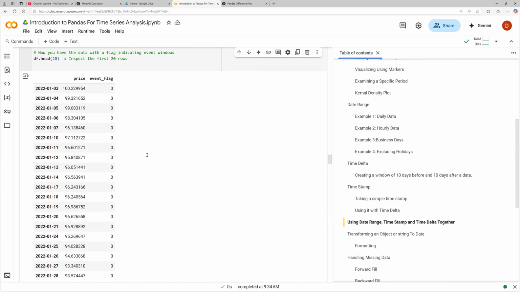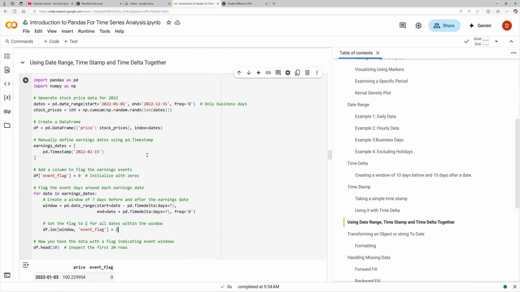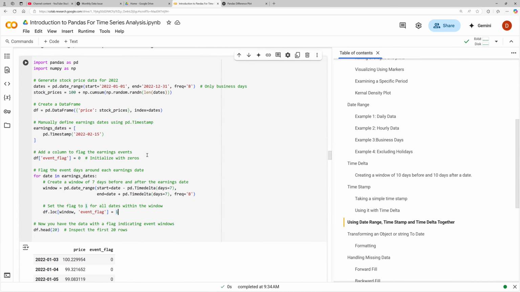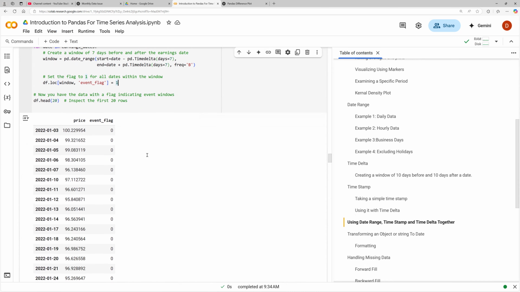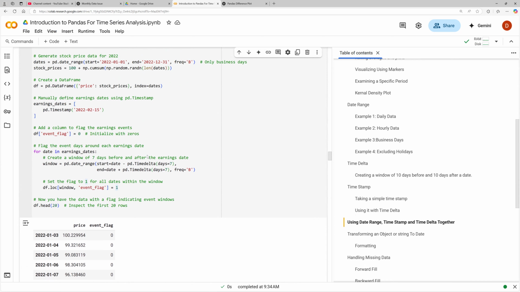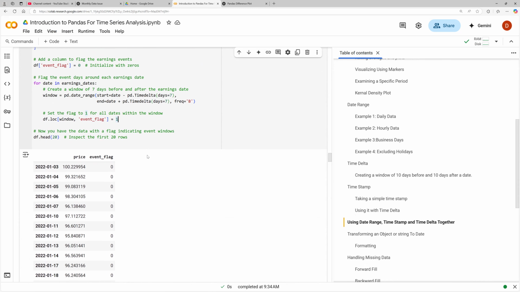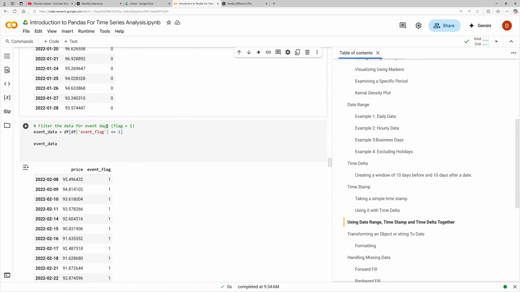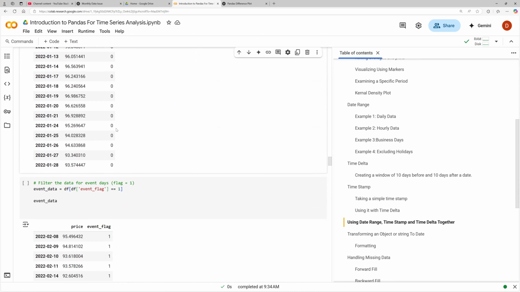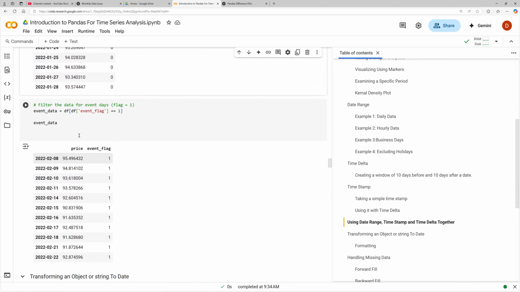Okay. And then basically what will happen is that you'll get an event flag. If I subset it to equal to 1, we'll get event flags for all those dates.